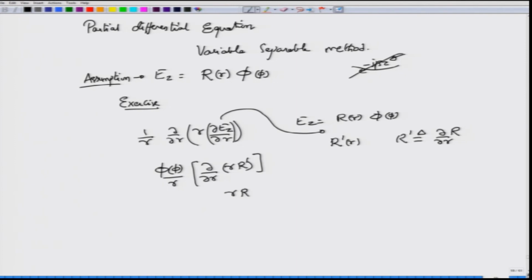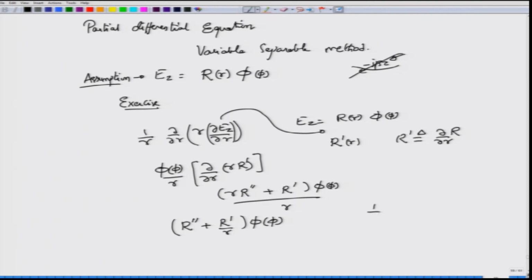So, you have R double prime here plus you have R prime, because del by del r of r will be equal to 1. This needs to be multiplied with Phi of phi divided by r. So, you will have R double prime plus R prime by r multiplied to Phi of phi.